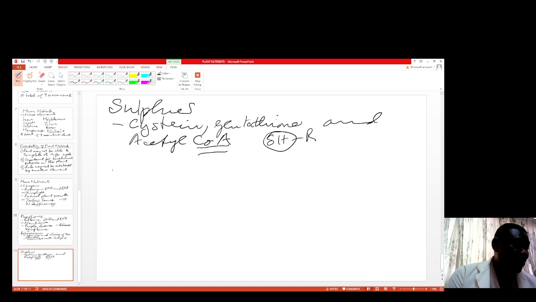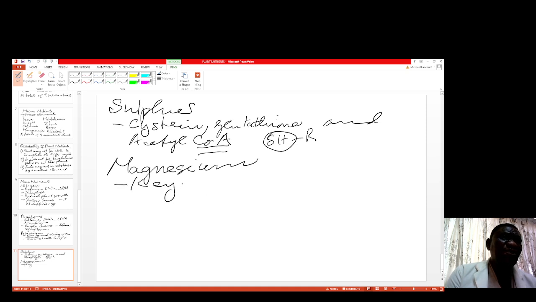We move on to magnesium. Now, this is the key element in chlorophyll.